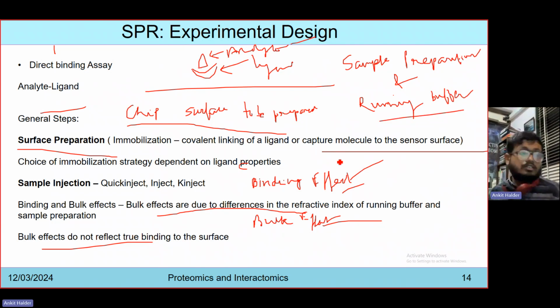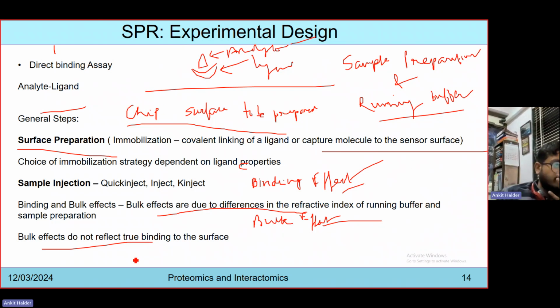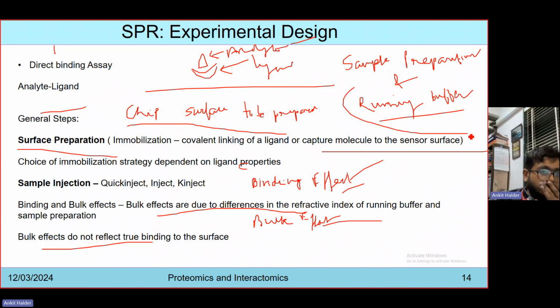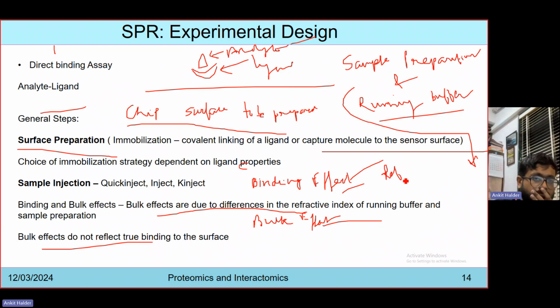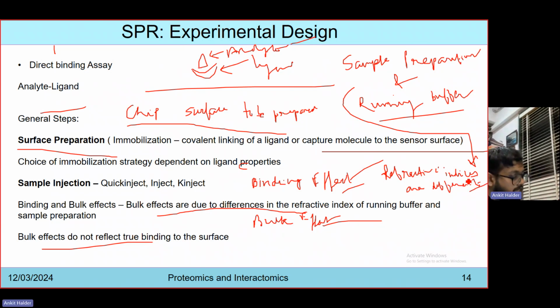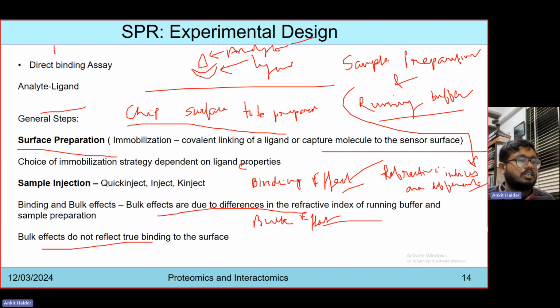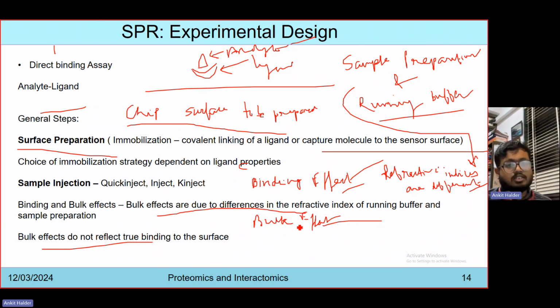If their refractive indices are different, then there will be some effect because there will be some changes associated with it.